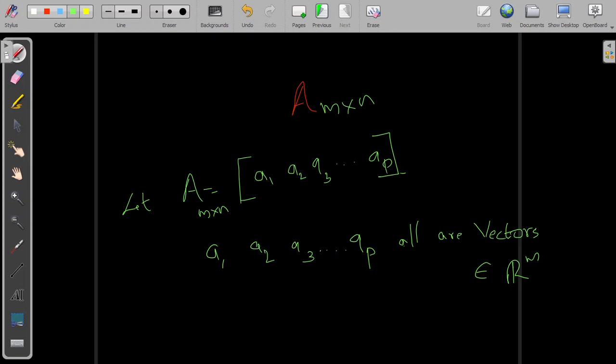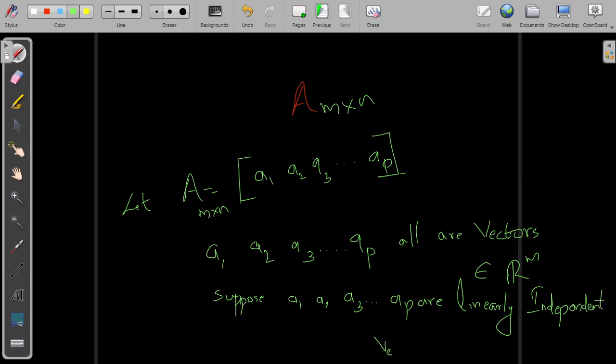Now suppose A1, A2, A3, etc., AP are linearly independent vectors.